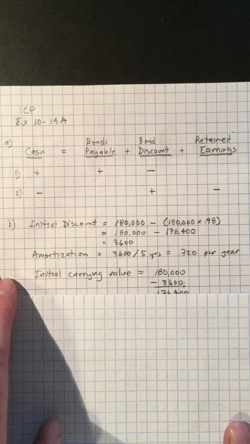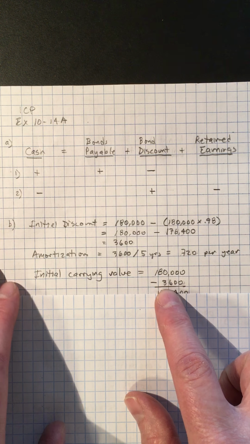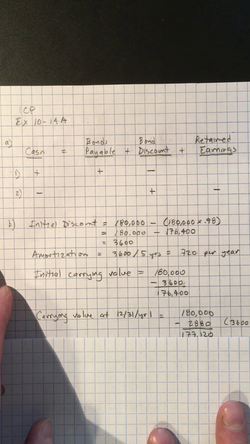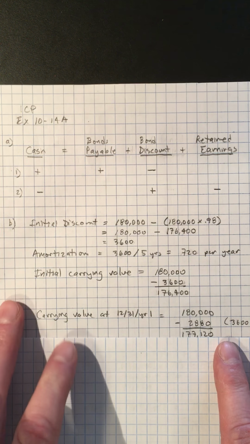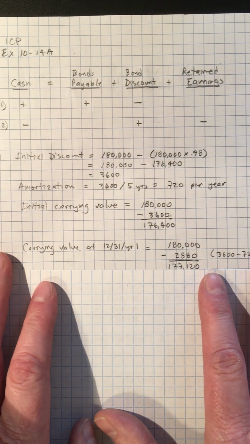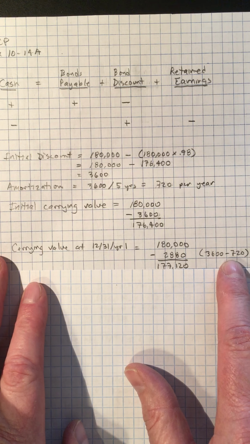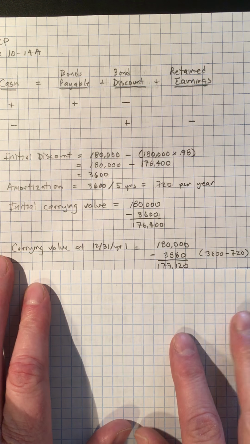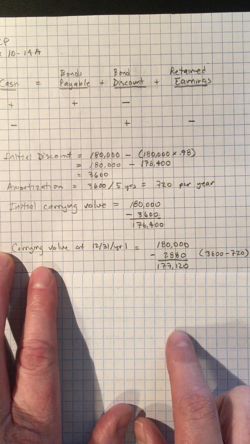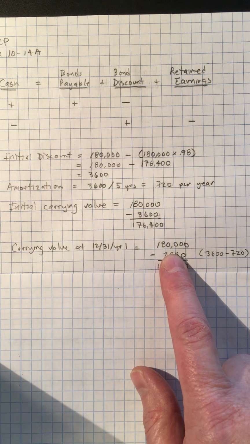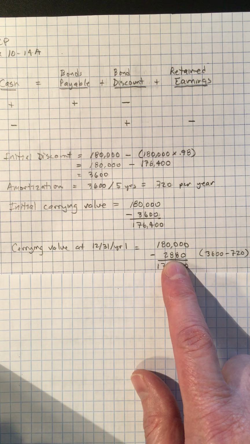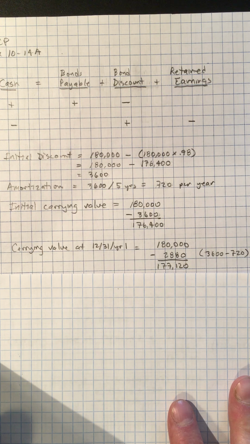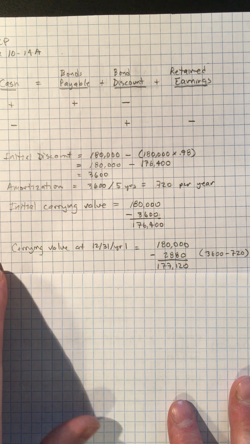So now the initial carrying value is $180,000 minus the full discount of $3,600. That's $176,400. So I'm going to reduce that $3,600 by $720 the first year. So the unamortized discount is $2,880 at the end of the first year. So I take the face value of the bond minus the unamortized discount, $2,880, which gives me a carrying value of $177,120.